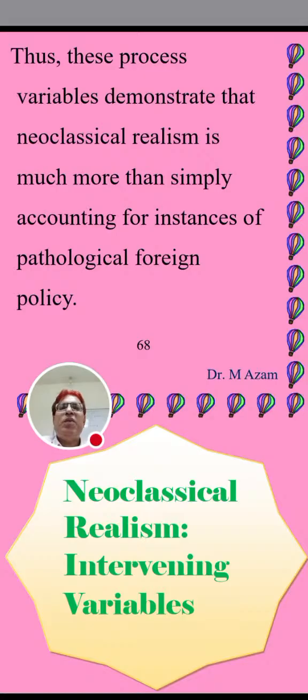Thus, these process variables demonstrate that neoclassical realism is much more than simply accounting for instances of pathological foreign policy. Type 1 neoclassical realism explains only pathologies, deviations, and irregularities in foreign policy.